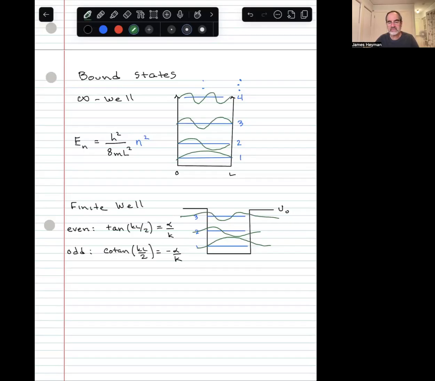So that the wave function is sinusoidal or oscillatory inside the well and is a decaying exponential outside of the well. They're rather more complicated, but that's what we found.